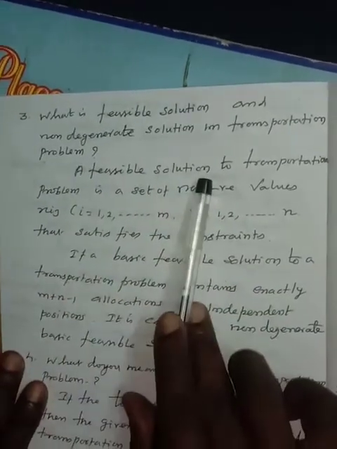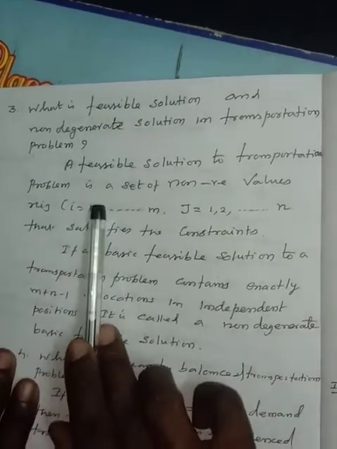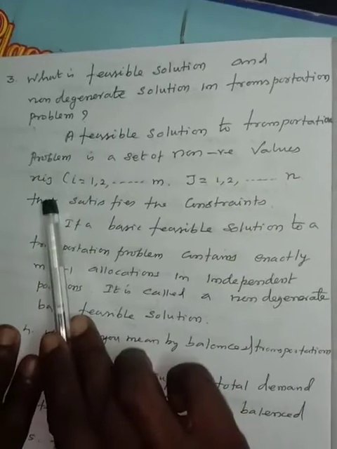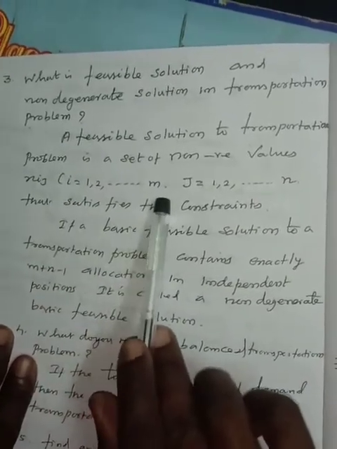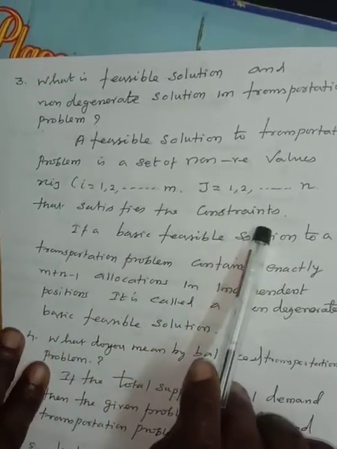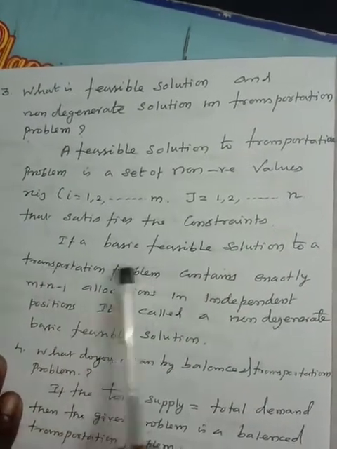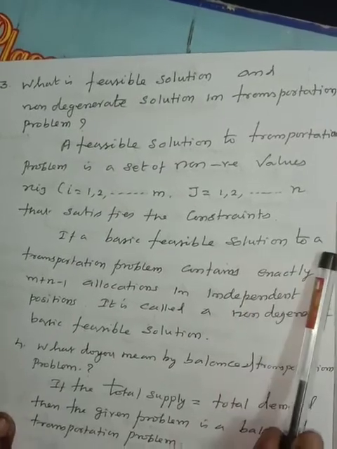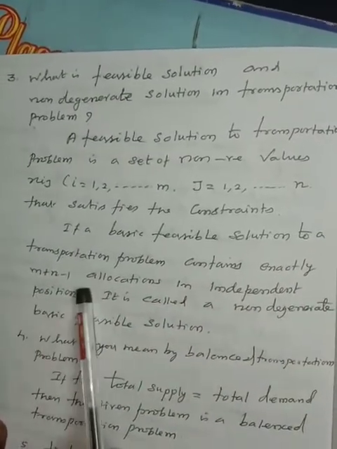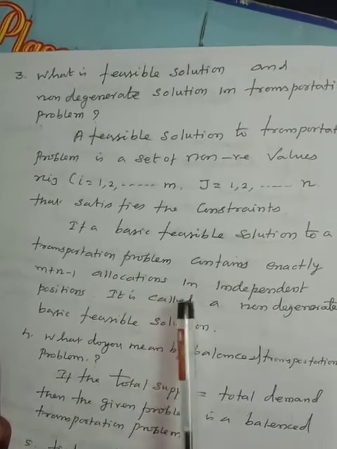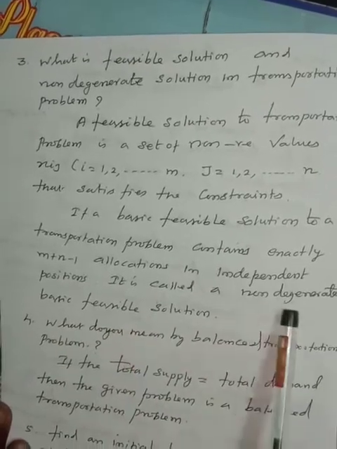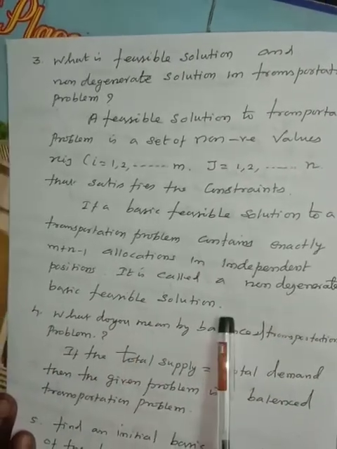A feasible solution to a transportation problem is a set of non-negative values Xij, i varying from 1 to m, j varying from 1 to n, that satisfies the constraints. A basic feasible solution to a transportation problem that contains exactly m plus n minus 1 allocations in independent positions is called a non-degenerate basic feasible solution.